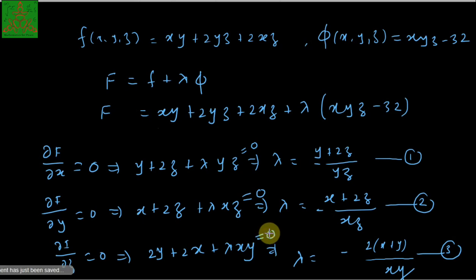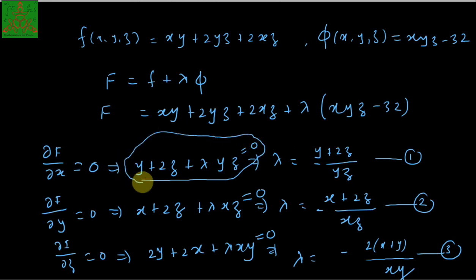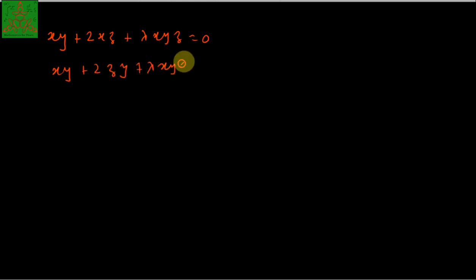Now I am multiplying equation 1 by x and equation 2 by y. What we will have: xy plus 2xz plus lambda xyz equal to 0, and the other equation is xy plus 2zy plus lambda xyz equal to 0.